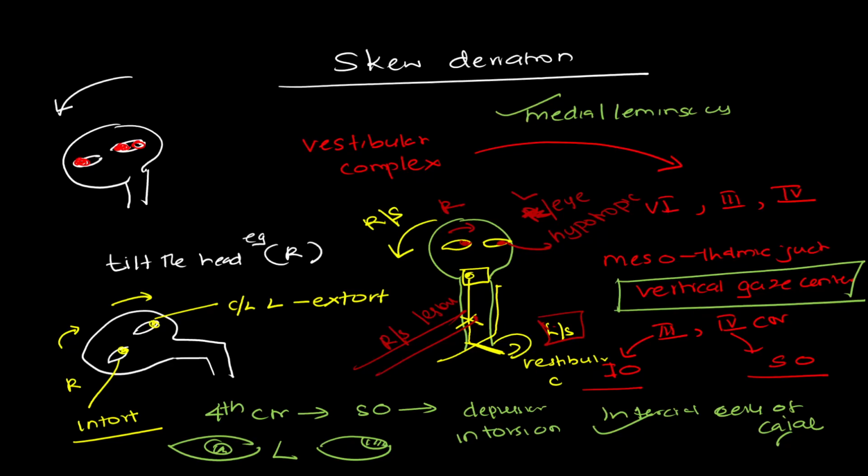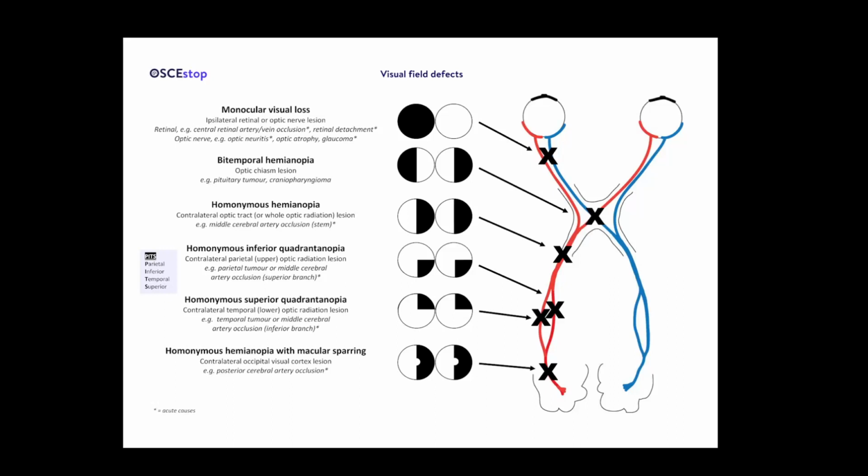Right. So finally, this is the final one that I would like to go through, which is the visual field defects. Again, something very important, and sometimes you have to do a visual system examination. You have to do an examination of the visual acuity and also the field as well, and see whether there is any problem with it.